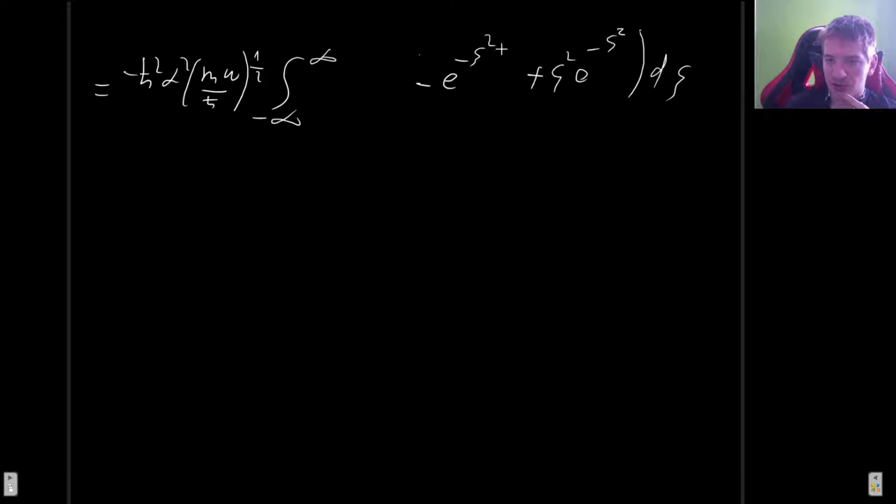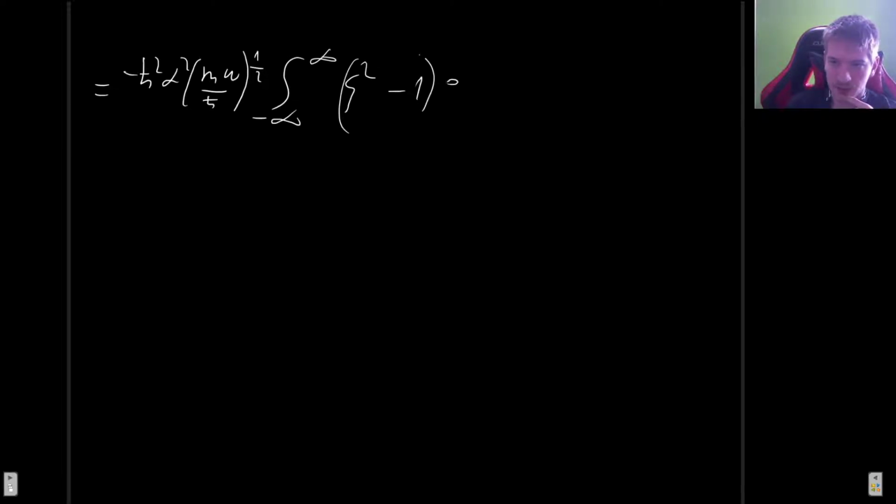And we can now also factor out these exponentials. So what we will get is xi squared minus 1 times the exponential of minus xi squared, not divided by 2 anymore, d xi.